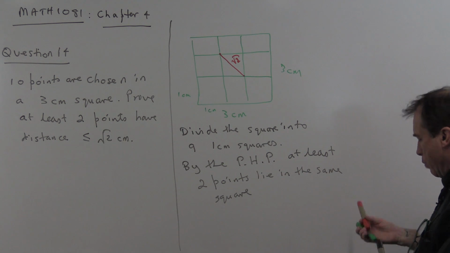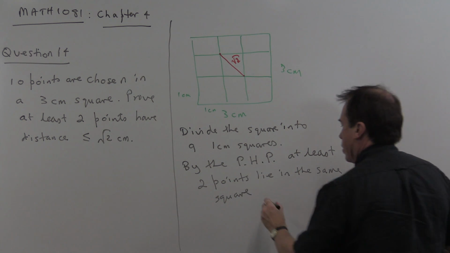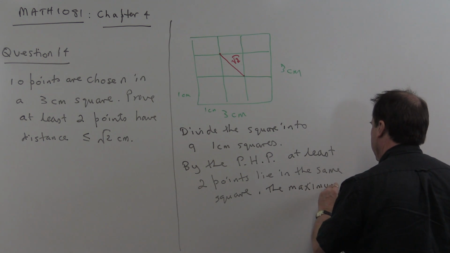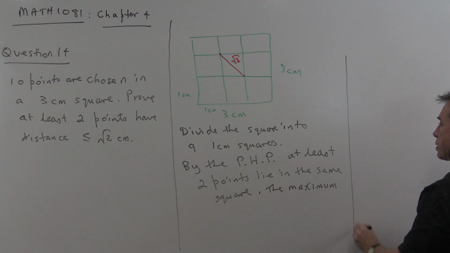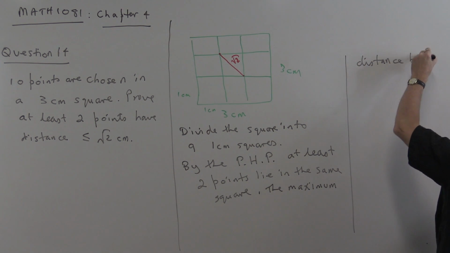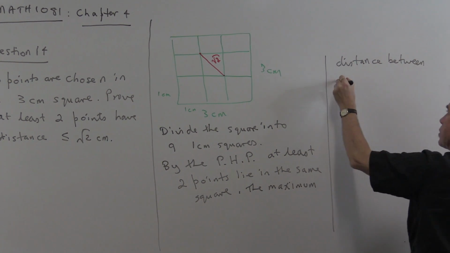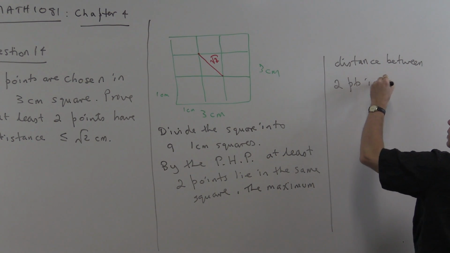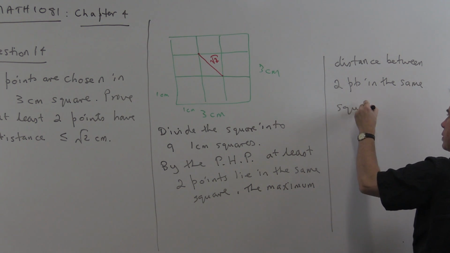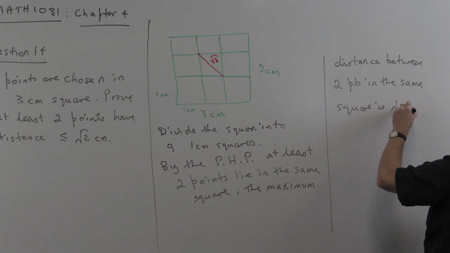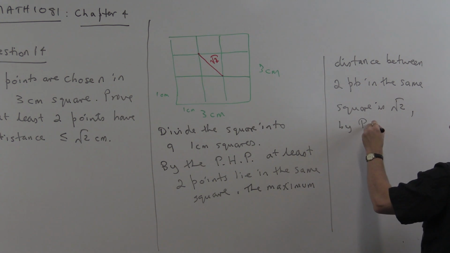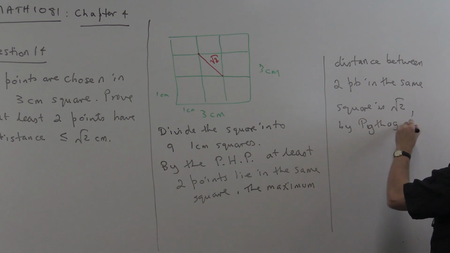So again, put some English in now to explain what we're doing. The maximum distance between 2 points in the same square is √2 by Pythagoras' theorem.